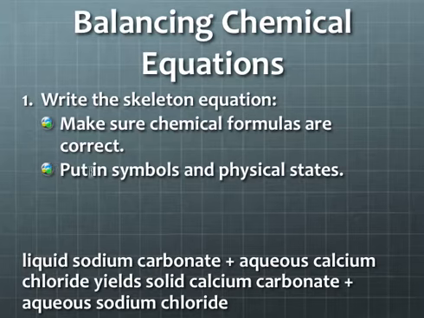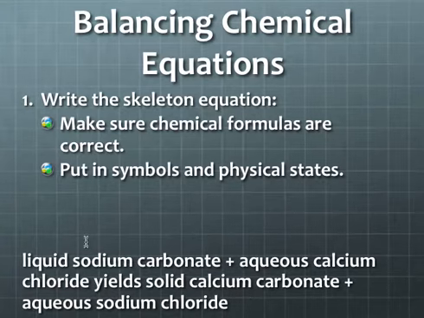Okay. The other thing we do in this first step is to put in our symbols and physical states. So we're going to look at our word equation down here. I've got liquid sodium carbonate plus aqueous calcium chloride yields, so this is our arrow sign here, solid calcium carbonate and aqueous sodium chloride.